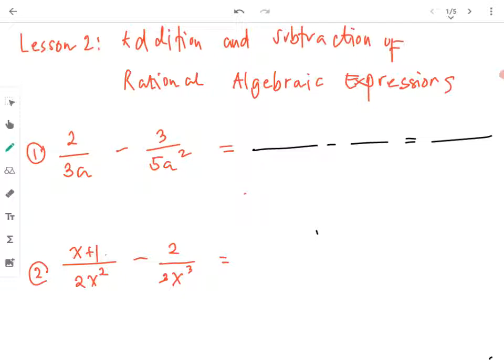So we have 3 and 5, the LCD of 3 and 5, that's 15. Between a and a square, the LCD is the greater exponent, so a square.